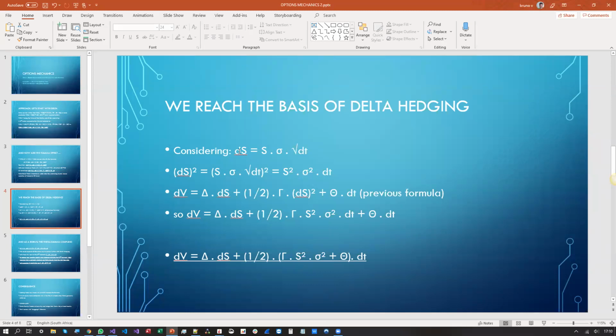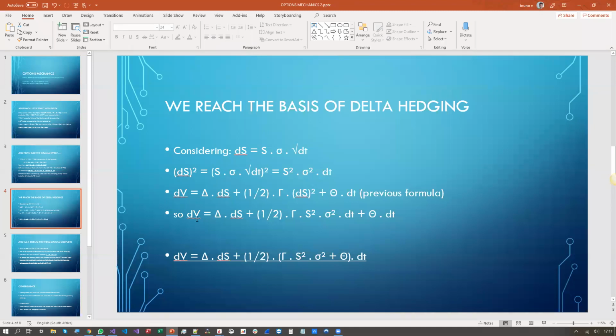This is a very common formula, which is here only more mathematically formulated. So if we change the dS in the second part of the equation, we see that dS squared is equal to S squared times sigma squared times dt. So the dV from the previous formula is delta dS plus half of gamma dS squared plus now theta dt.